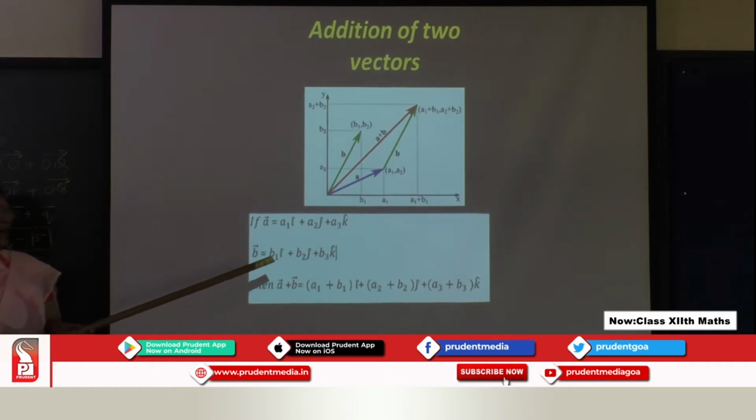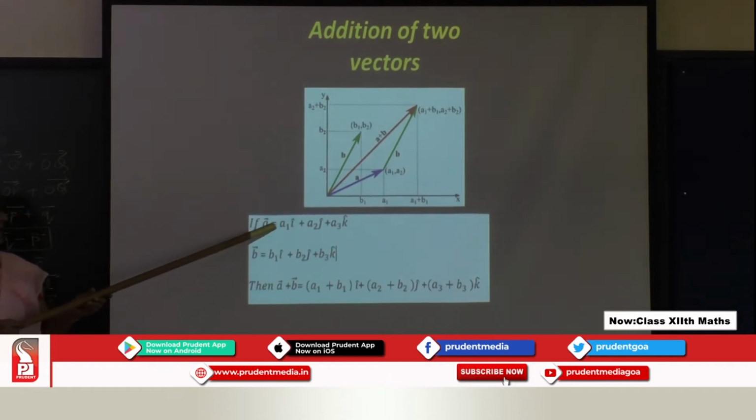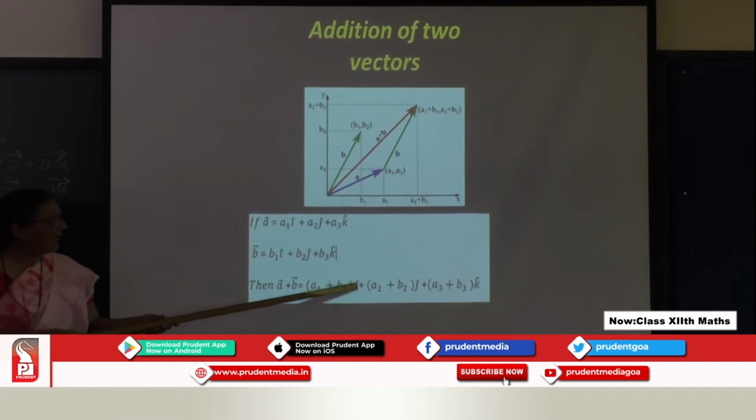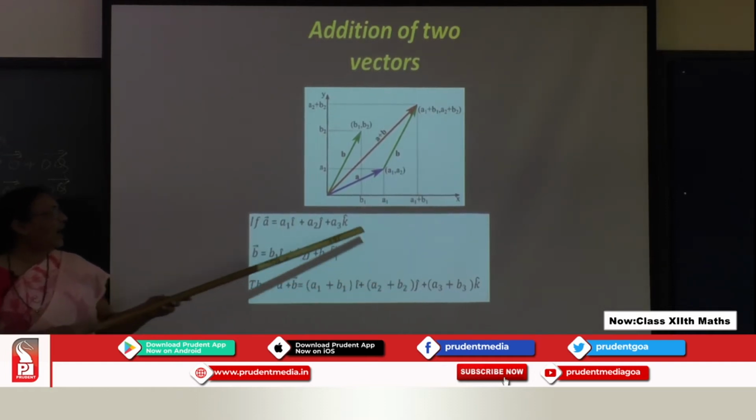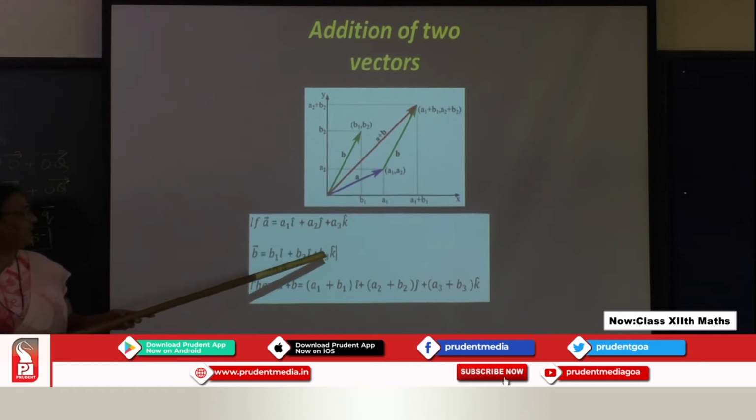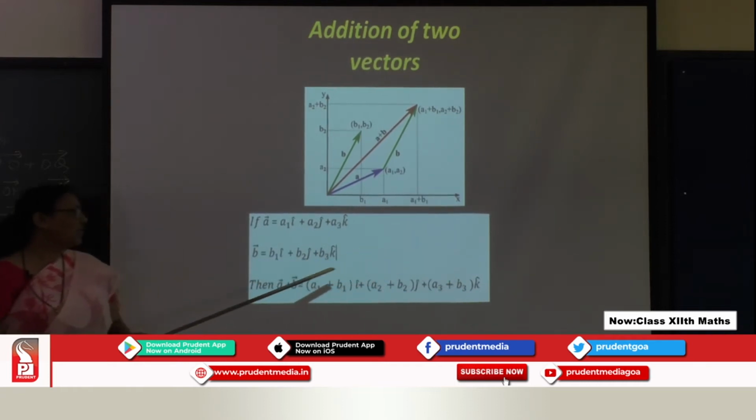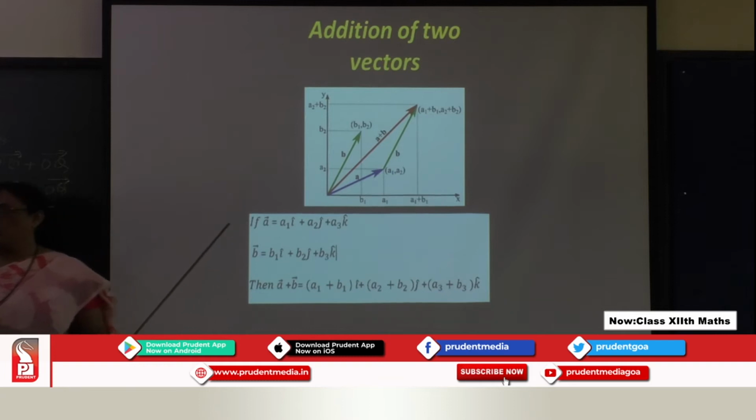How to add them? Add the i components, A1 plus B1 i, then add A2 plus B2 j, and A3 plus B3 k. This is the addition of two vectors.